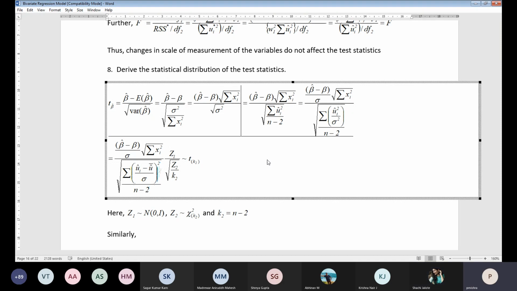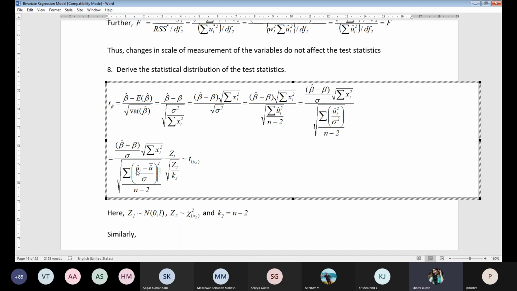So what we are doing? We are considering u hat i as a linear combination of normal variables. A linear combination of normal variables is also a normal variable, that also follows normal distribution. So u hat i will basically follow normal distribution.